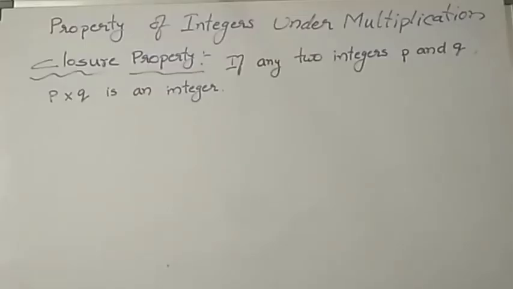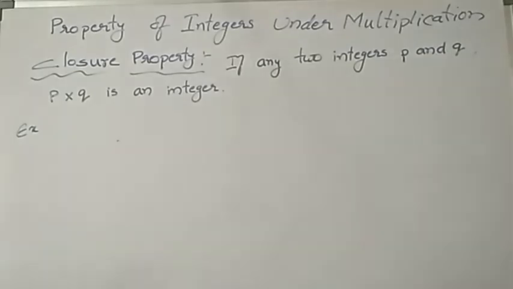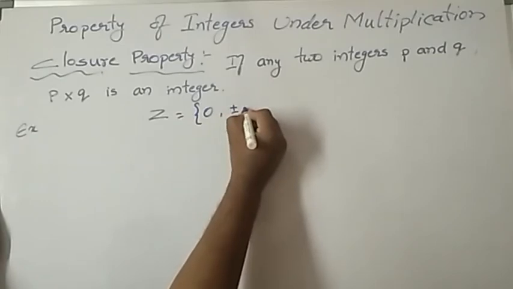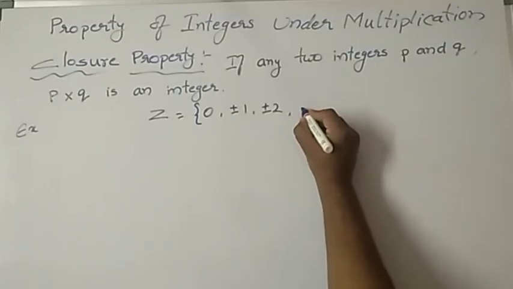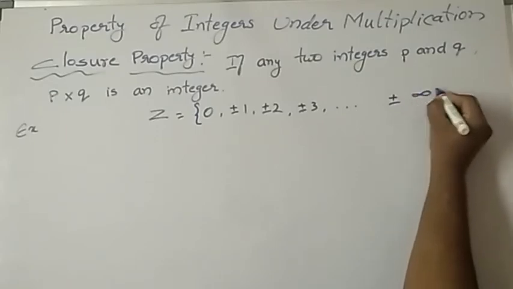Properties of integers under multiplication. Here we are going to check the closure property under multiplication. According to the definition, for any two integers p and q, p into q is an integer. Once we will check an example. The integer set we already know: Z is 0, plus or minus 1, 2, infinite.